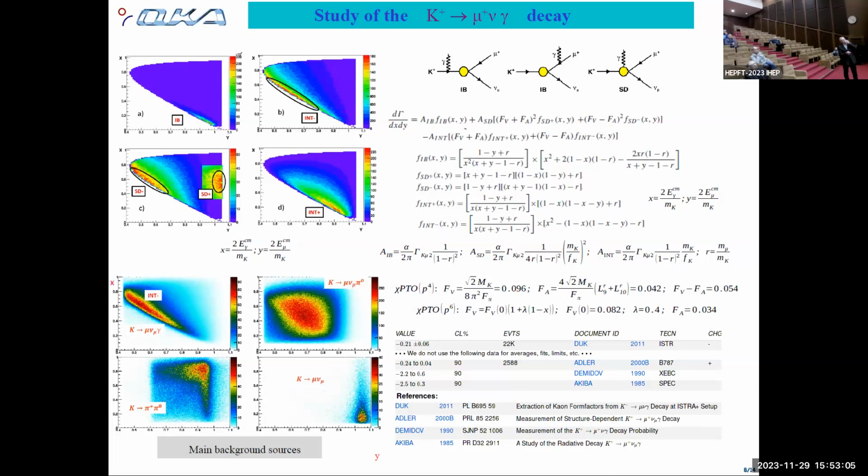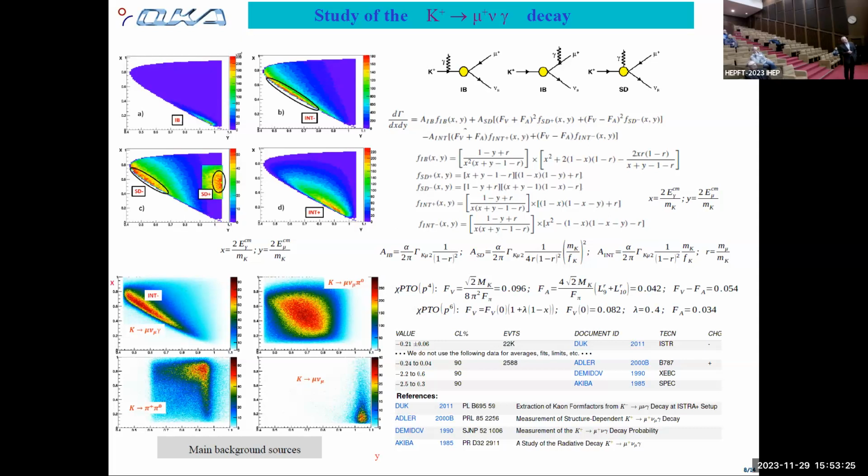The first term is pure IB, this diagram squared. Another one is the pure structure-dependent term, which is this diagram modulus squared. And there is also an interference term.